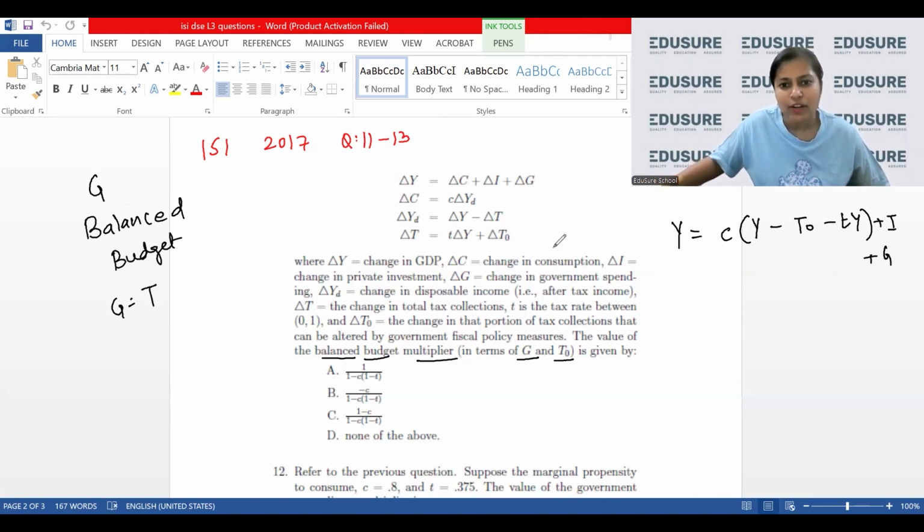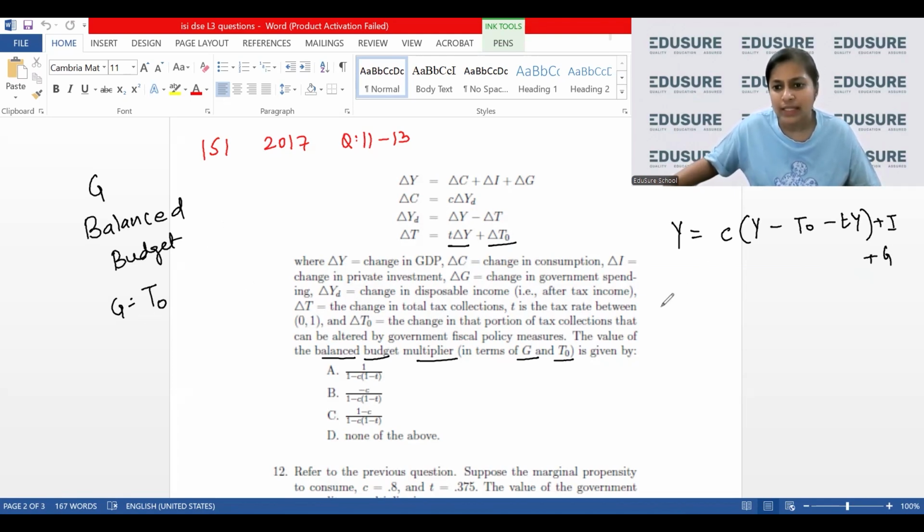Now T here has two terms, tY and t naught. So we have been specifically instructed that don't put G is equal to T, but put G is equal to t naught. Okay, so in this equation, to take out the balanced budget multiplier, we'll replace either G or t naught with the other value.